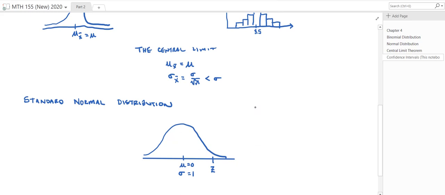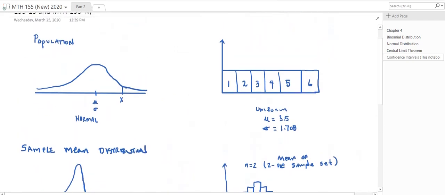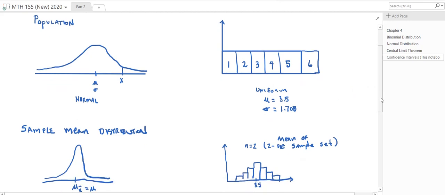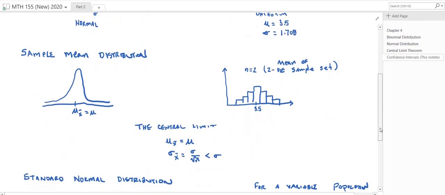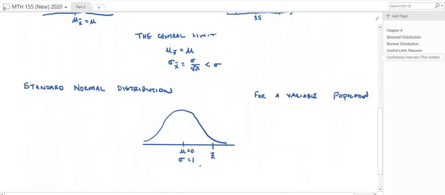So typically, for a variable in the population, that's this top curve, if we wanted to figure out some information associated with that variable and relate it to our z curve, our standard normal curve, we use this relationship, x minus mu over sigma.